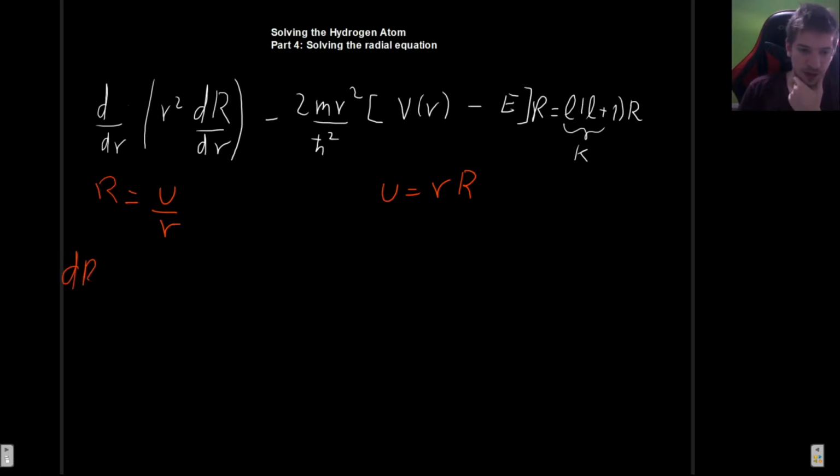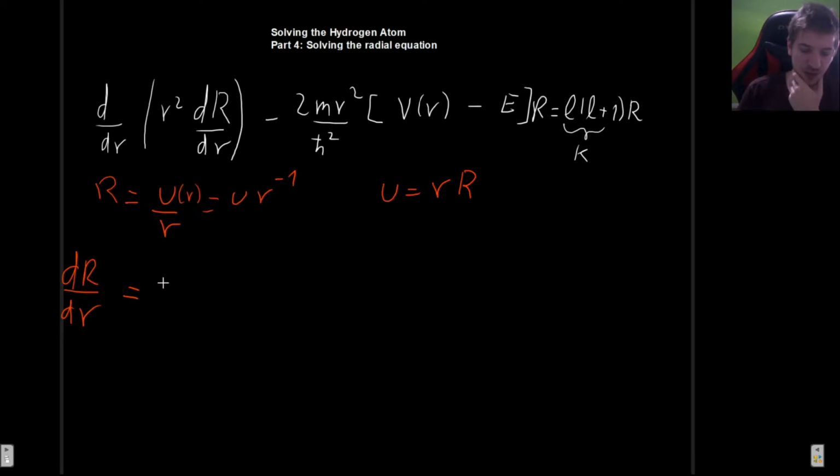So dR/dr is going to be, and now this is obviously u of r, so we have to apply the product rule or the quotient rule. I like to write this as u times r to the minus first power and apply the product rule. I think it's simpler, but if you like the quotient rule, it doesn't matter.